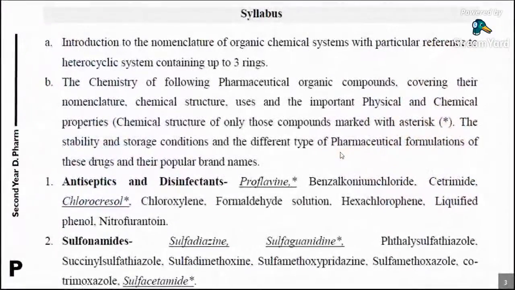So let's start with the syllabus. As you know very well, our syllabus has two parts, A part and B part. A part is the introduction to the nomenclature of organic chemical systems, and B part is the chemistry of the following pharmaceutical organic compounds.